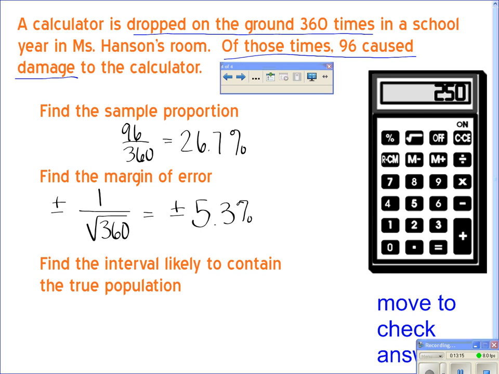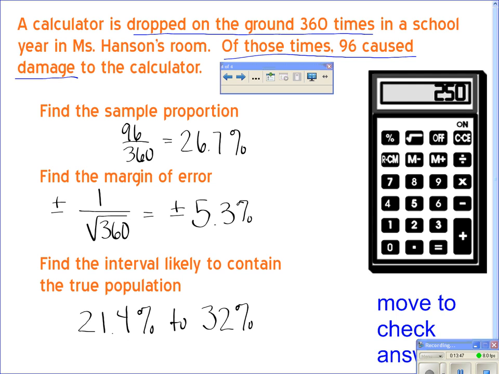So what's the range going to end up being? 21.4? So somewhere in that range is where all other classrooms would fall if we were looking at the entire population. Because we just took a tiny little sample, just this classroom.